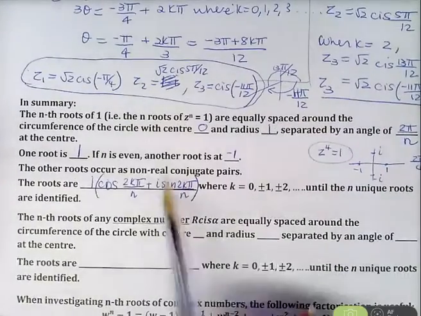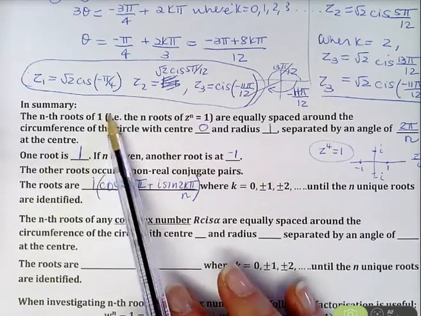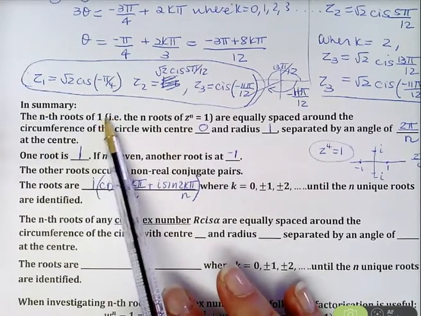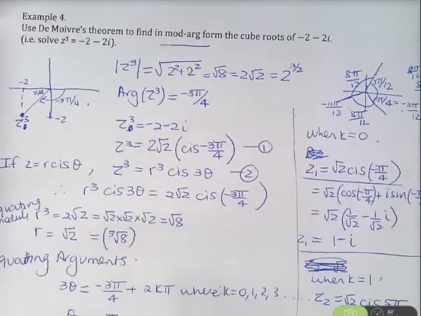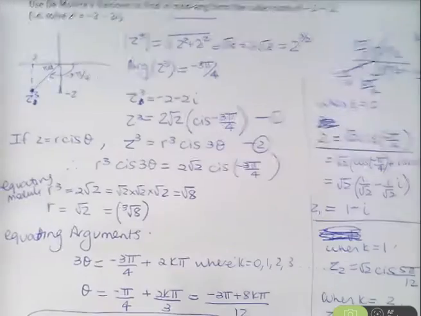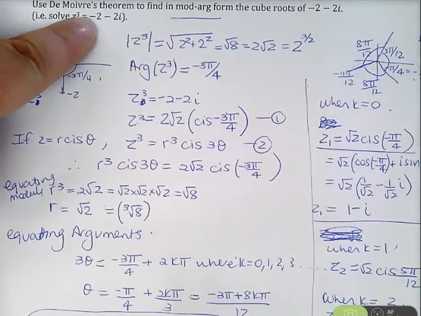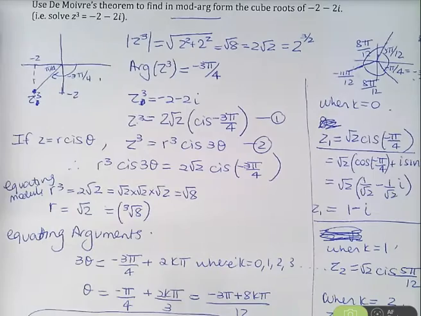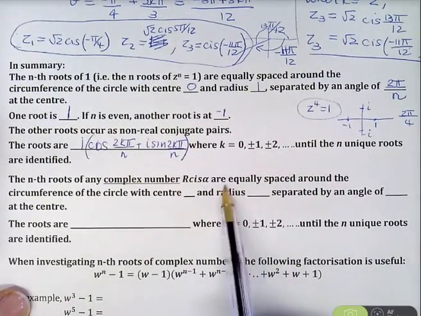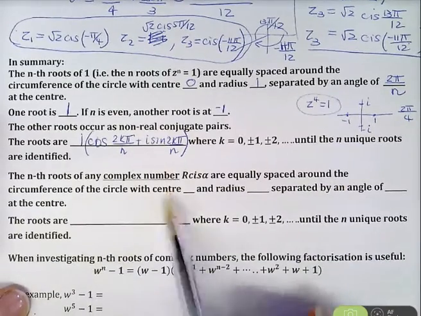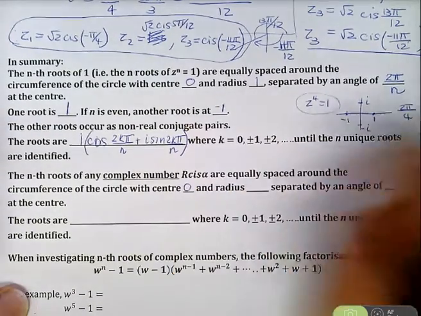So coming back down here, this was the nth roots of just the number 1. But the nth roots of a complex number, like this example 4, where we solved z to the power of 3 equals negative 2 minus 2i, are usually equally spaced around the circumference of a circle with center 0.